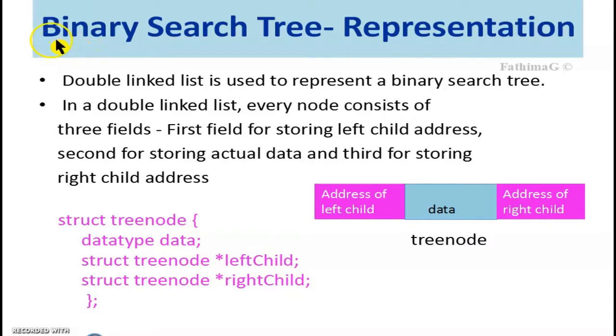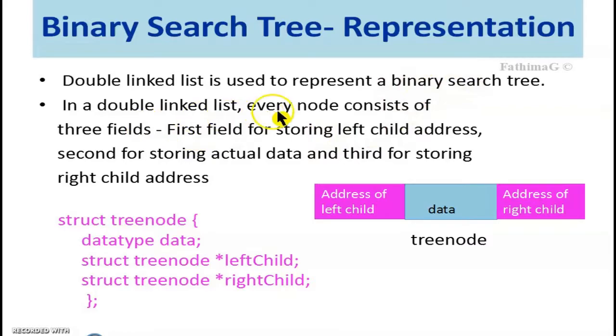Now let us see how the binary search tree is represented. As binary search tree is a special kind of binary tree, the representation is similar to that of binary tree. Hope you would have watched my previous video on binary tree. Recollect the same. The double linked list is used to represent a binary search tree.